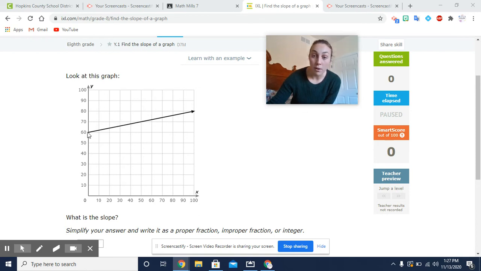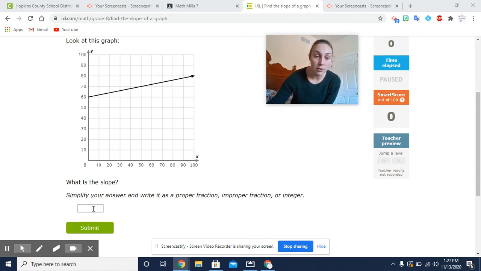So let's rise first. We rose 1 time. So our numerator is going to be 1. And then once we rose 1 time, our denominator is going to be how many times we ran. So how many times we went this way. Because again, we always read a graph just like this from left to right.